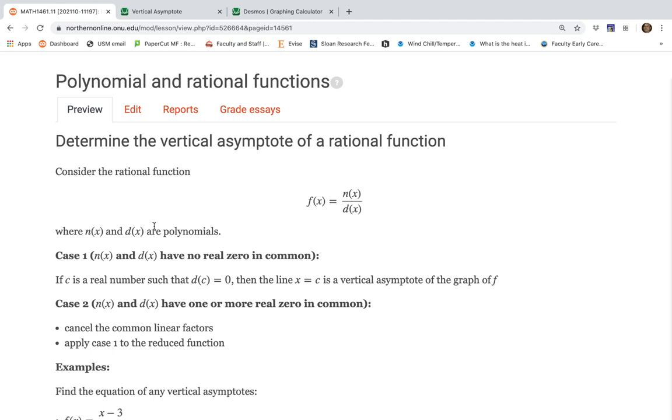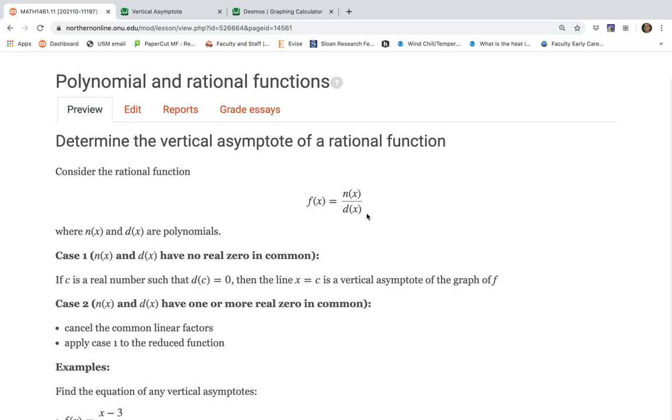First of all, we try to see if they have some real zeros in common. If they don't have any real zeros in common, all you have to do is look into the denominator and see if the denominator is equal to 0 at some location.